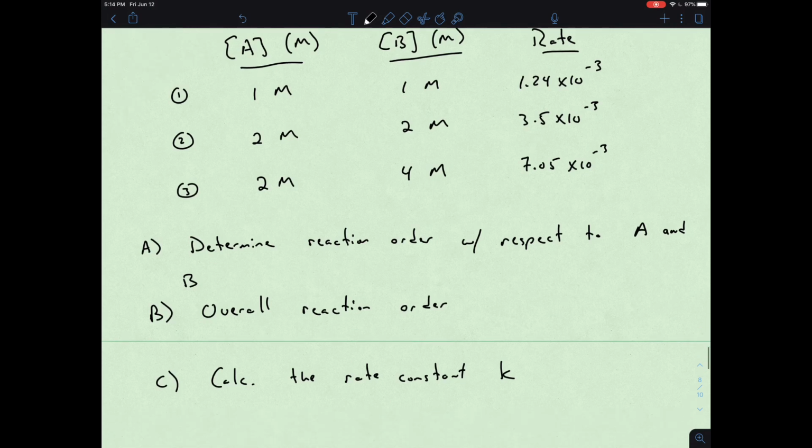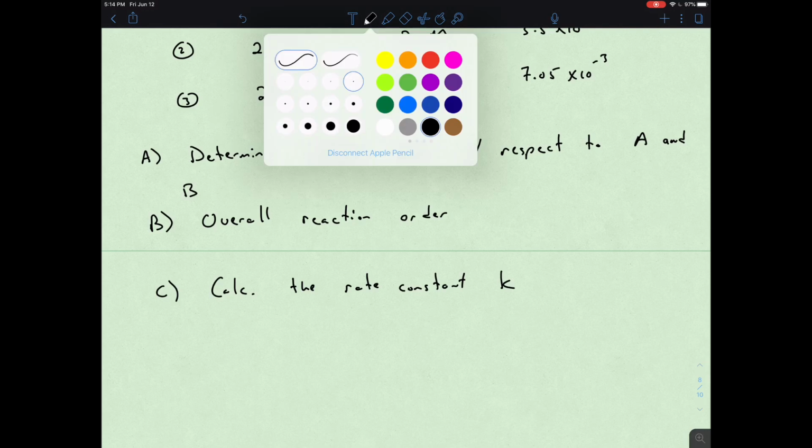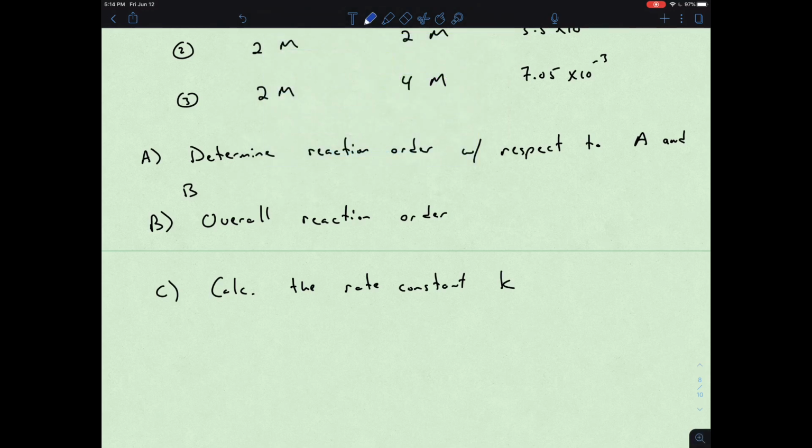So the first step is to write the rate expression in terms of the starting materials.